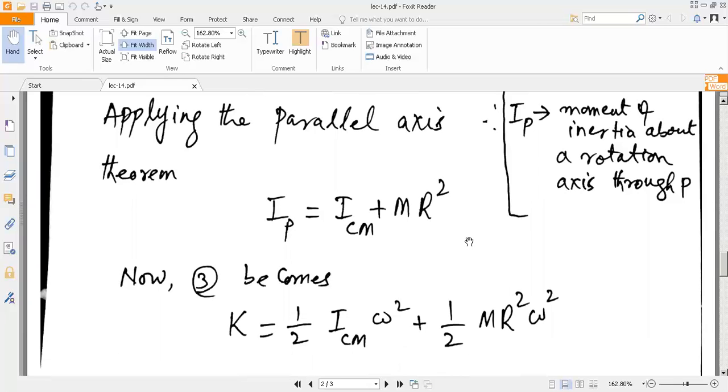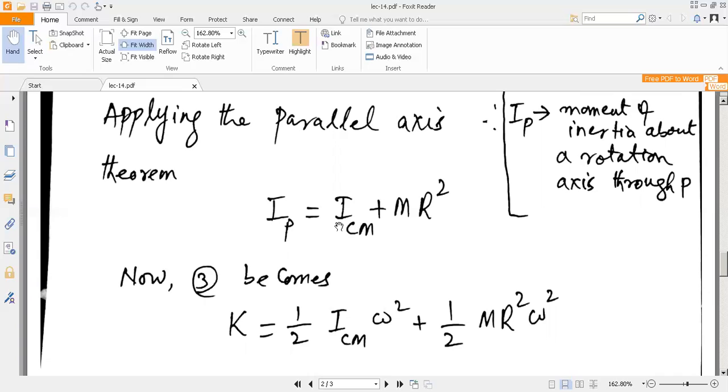This Icm is the rotational moment of inertia of the center of mass.